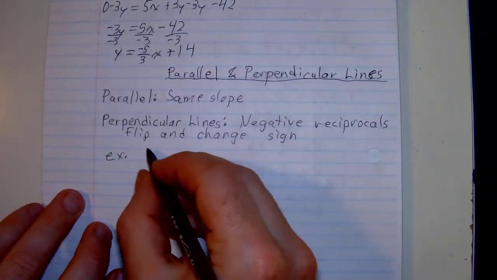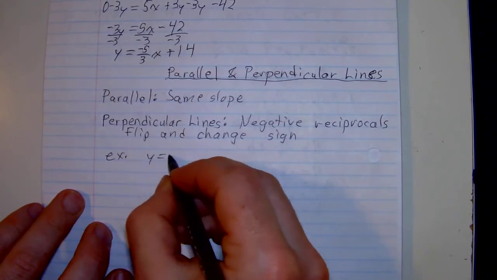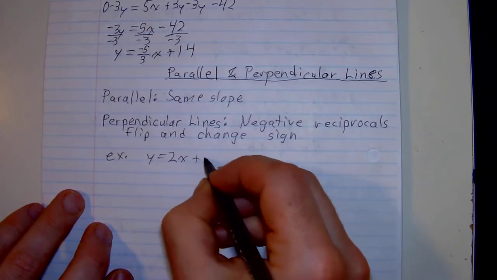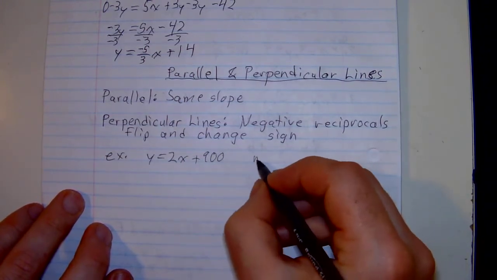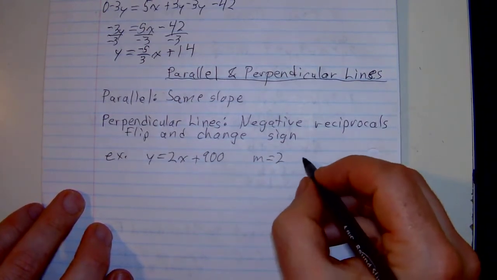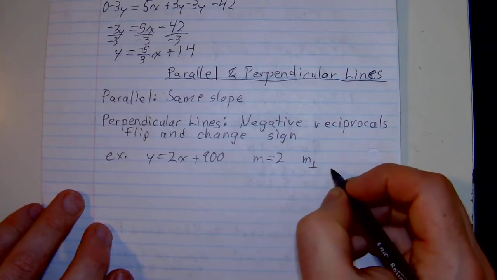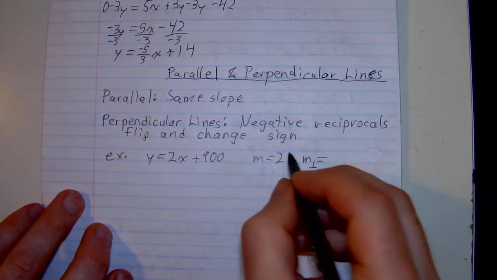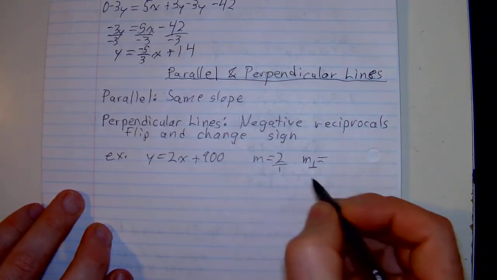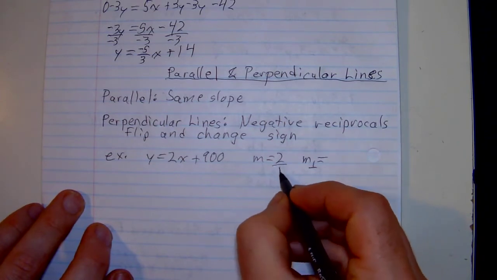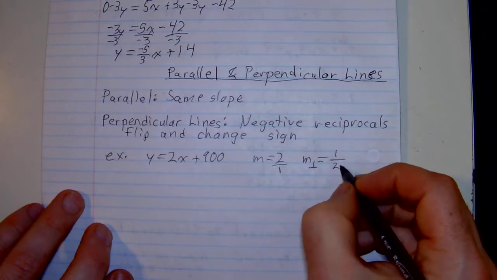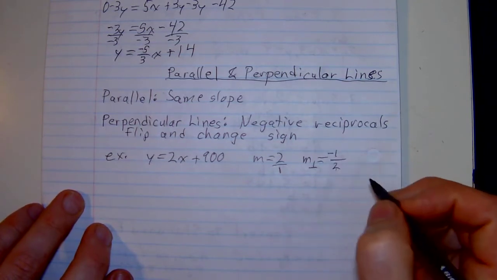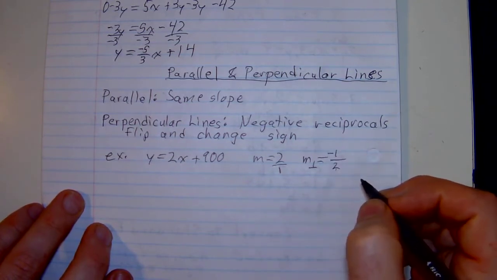So if we have, say, y equals 2x plus 900, m equals 2, the perpendicular slope is going to be, well, 2 is like 2 over 1 as a fraction. If I flip that fraction, I'm going to get 1 over 2, and then I have to change the sign. So it's positive, I'm going to make it negative.